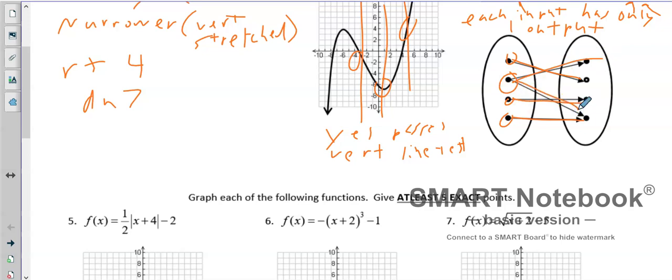So if I wrote 5 plus 2 into my calculator and I got 7, but I also got -8, that means my calculator is not functioning. It's broken. So it's no, because one input has 2 outputs. One input has 2 outputs, and that's a big no-no.